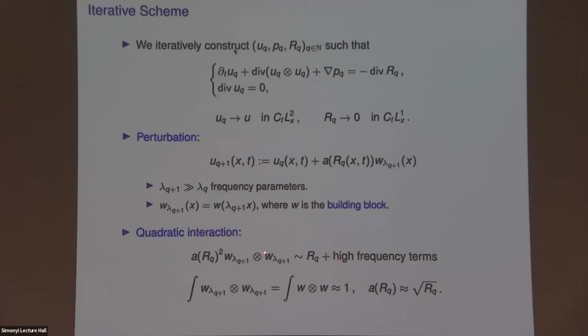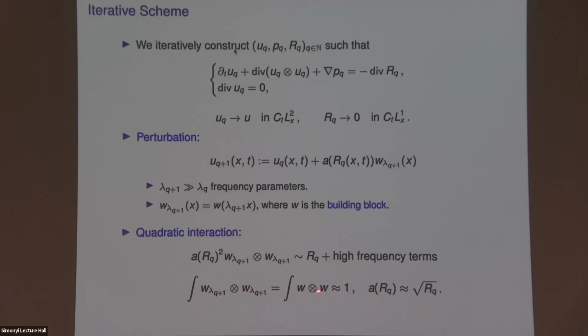But in order to produce a low frequency term which matches exactly the error at the previous scale, what I need is to assume that the average of the nonlinear term, the tensor product of W with itself, is more or less 1. So this amounts to a normalization in the L2 norm.